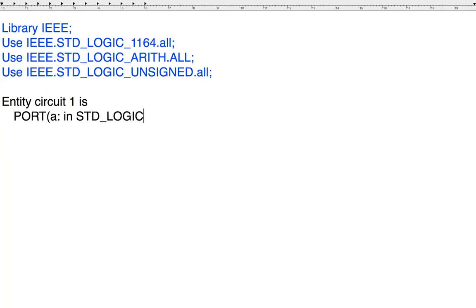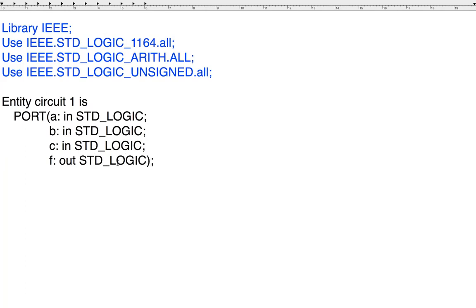So that means 1s and zeros is what A can stand for. Then I'm going to have B, which is an input in standard logic, and that can be 1s or zeros too. C is going to be an input, standard logic, 1s and zeros as well. And then we're going to have F, I'll just call it that to make it simpler, which is our output, and that's standard logic.